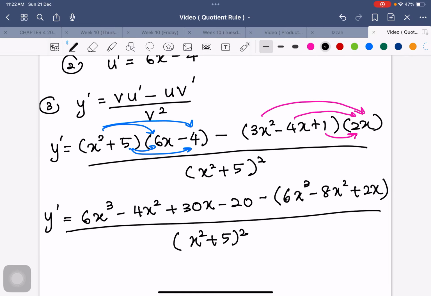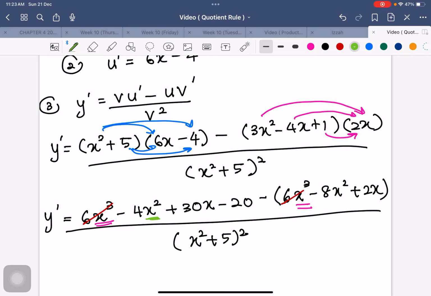Okay. Then tengok mana yang kita boleh simplify. So, kita start dengan kuasa 3. Okay. X cubed. So, mana lagi yang ada x cubed? This one. Okay. So, kalau you tengok kat sini, 6 tolak 6. So, term x cube ni sebenarnya dah habis. Betul? So, the second one adalah kita nak tengok x squared.